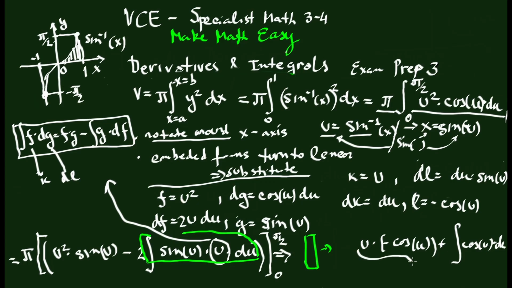So that over here becomes u minus u times cosine of u plus the integral of cosine, which is sine.